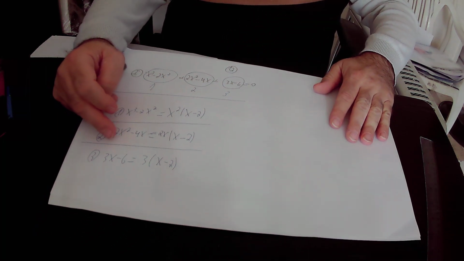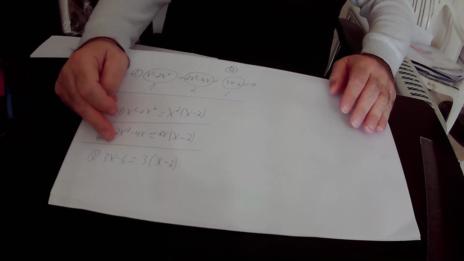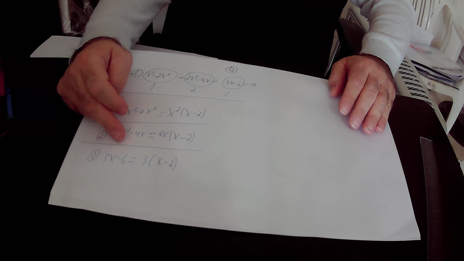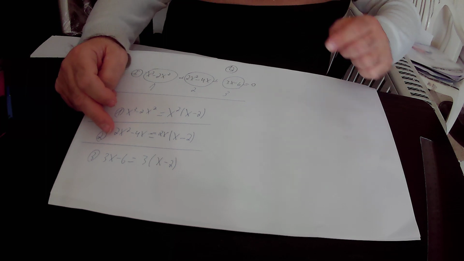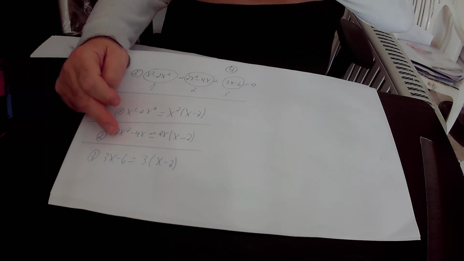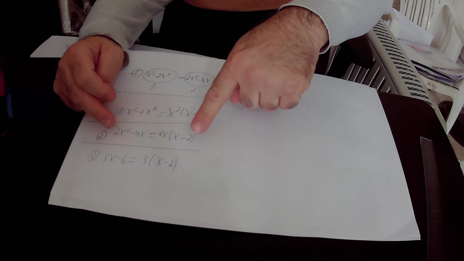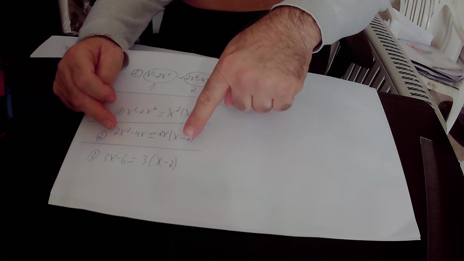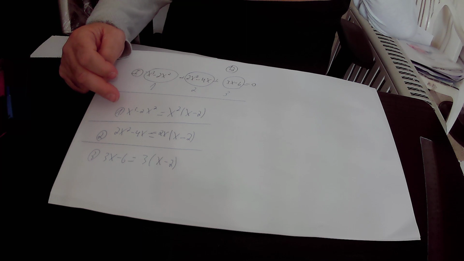Then we took a common factor from the third expression, 3x minus 6. The common factor we took from this expression is 3, and what is left inside the bracket is 3 times x minus 2.